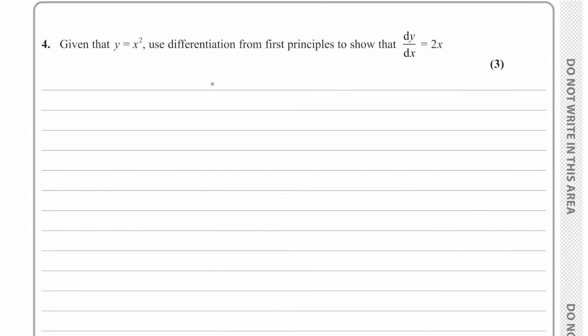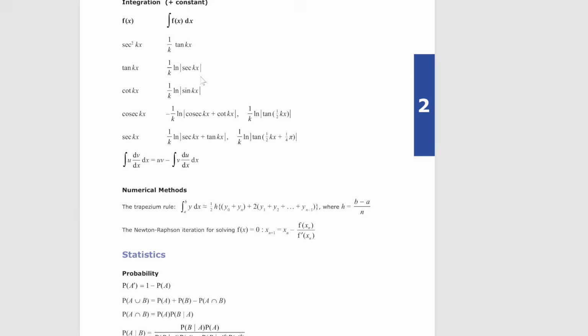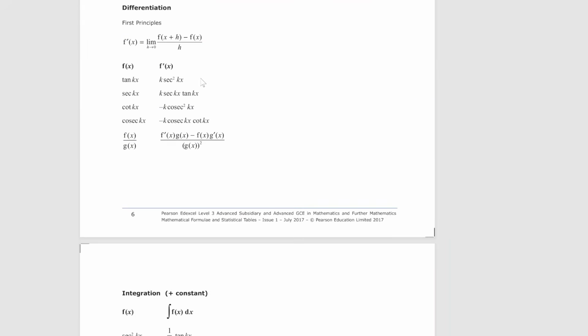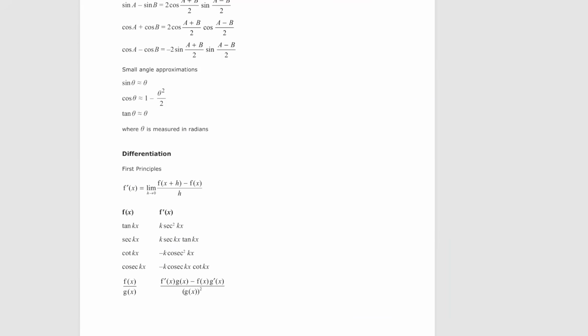Question 4. Given that y equals x squared, use differentiation from first principles to show that dy dx is 2x. And again, this is in our formula book. So differentiation from first principles, and it gives us a formula to use.